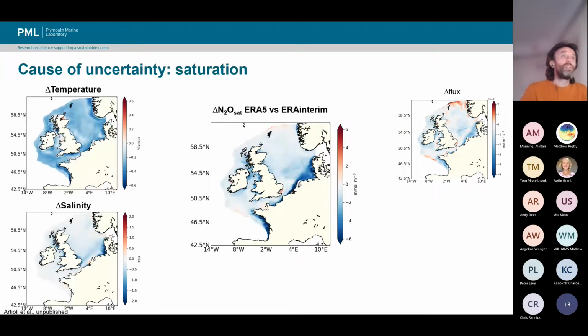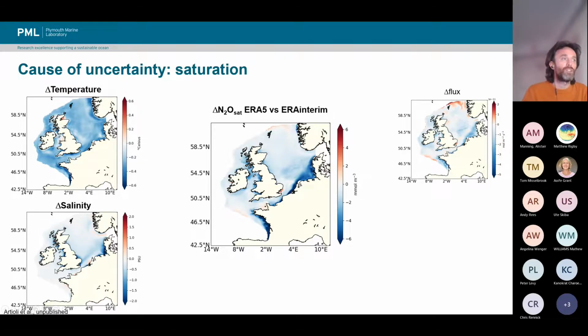And so the new simulation that is forced with ERA 5 has definitely simulated a cooler water column. The figure on the top left is the average difference in surface temperature, and you can see that it is about 0.2, 0.4 degrees or even cooler in some areas, and it is also fresher.